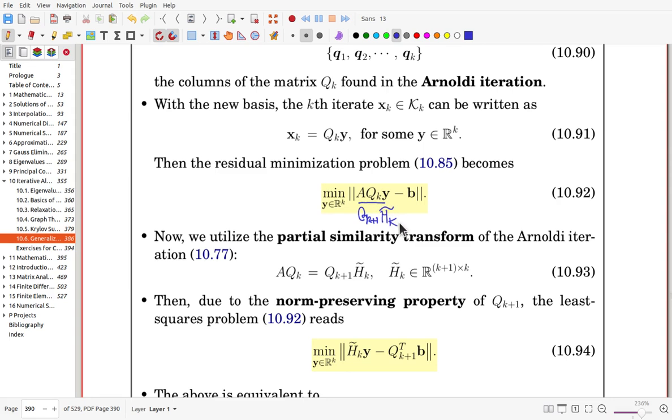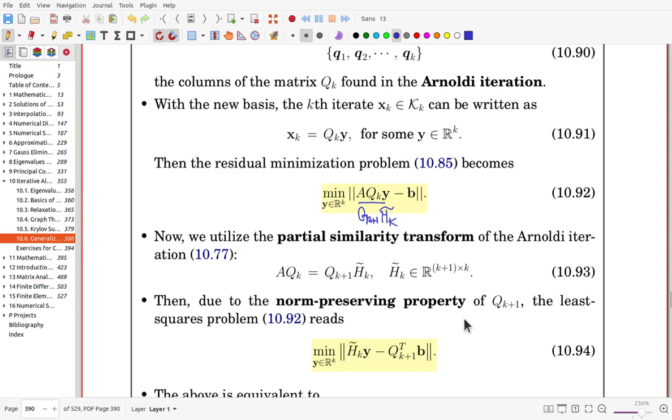Then Q(k+1) has a norm-preserving property. Q is an orthogonal matrix, but if you collect only k+1 columns, it still satisfies this property.